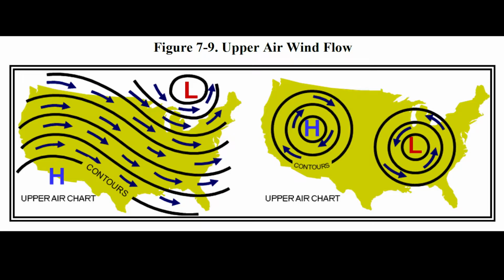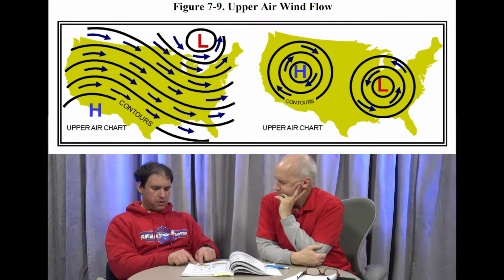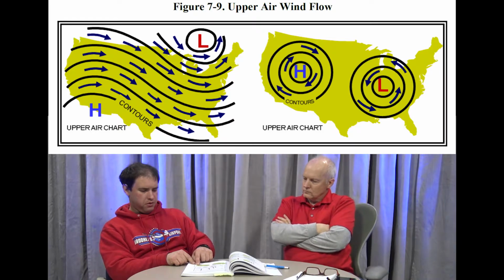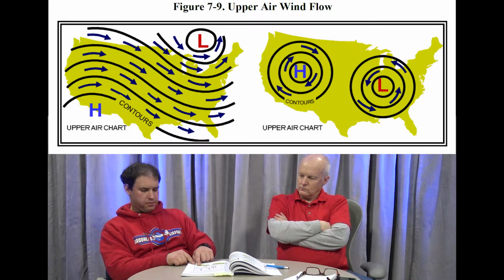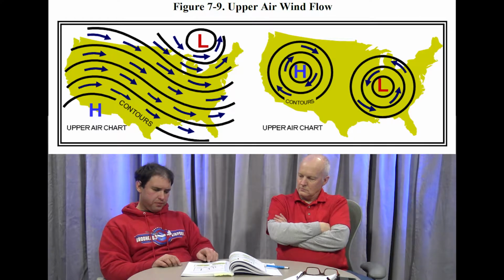So you'll notice the low pressure system they depict here over the Midwest is probably going to pick up warm, moist air from over the Gulf of Mexico, and it's going to bring it up through Tennessee, Kentucky, into Ohio, Indiana, and bend it around through Michigan into Wisconsin. And the high pressure system out west is going to pick up air.